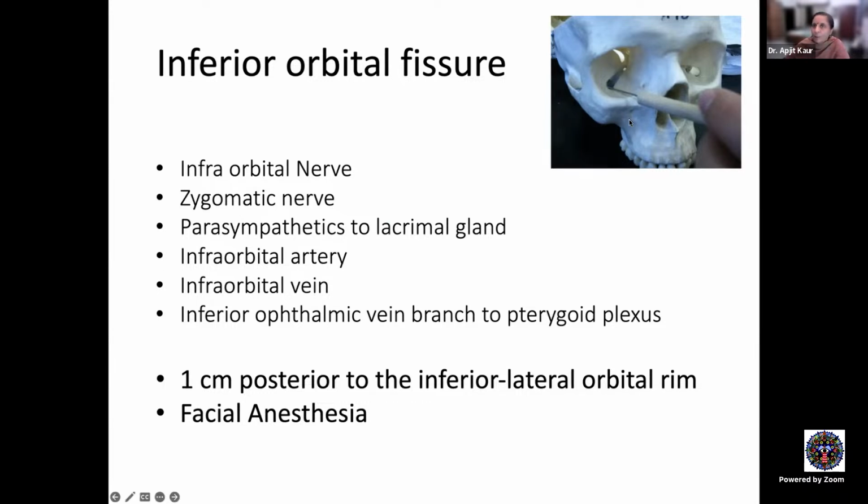So this fissure opens out here, this dot, as the foramen. And here, when the nerve gets injured, what results is facial anesthesia. So in any patient who, after trauma or with a tumor, has facial anesthesia, you know that the contents of the inferior orbital fissure have been involved.